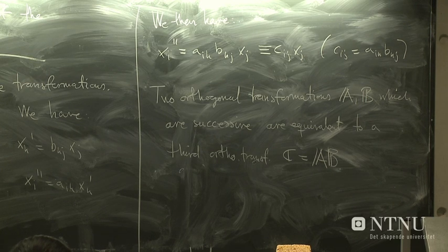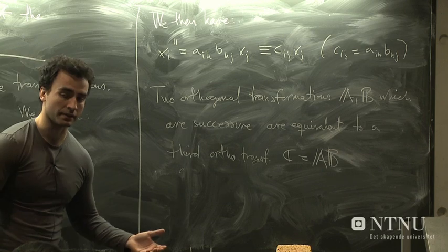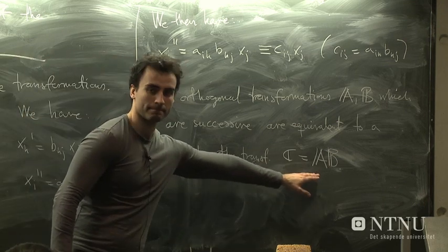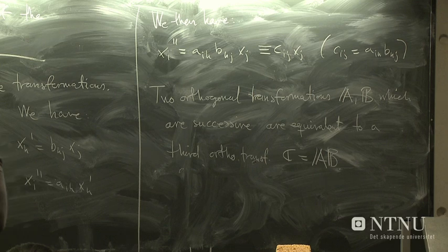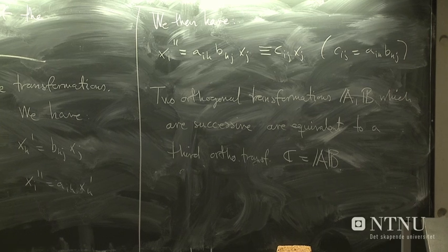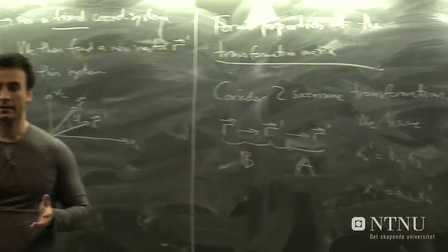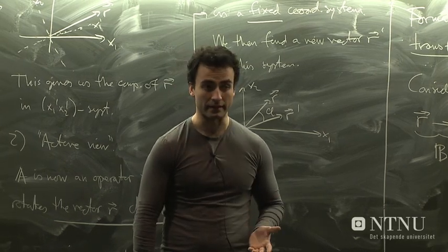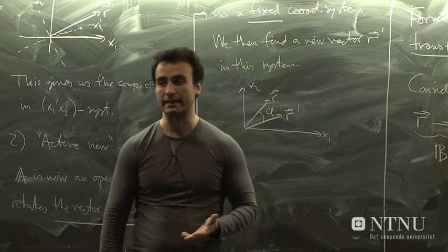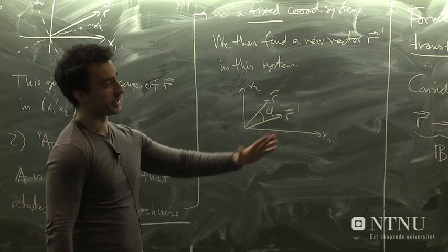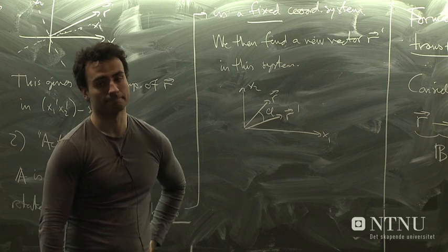So two orthogonal transformations in succession are equivalent to a third one, given like this. Now, I've written that C is also an orthogonal transformation. What would you say is the condition for C to be an orthogonal transformation, expressed through its elements Cij?